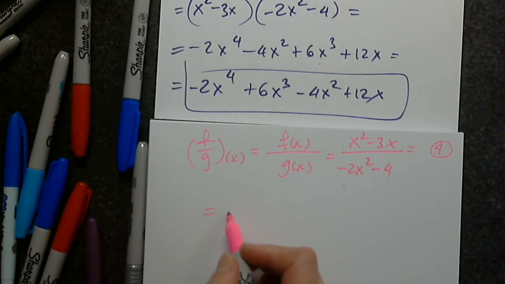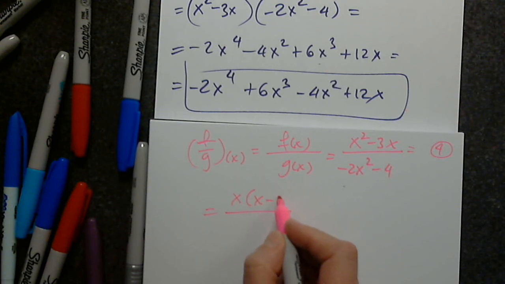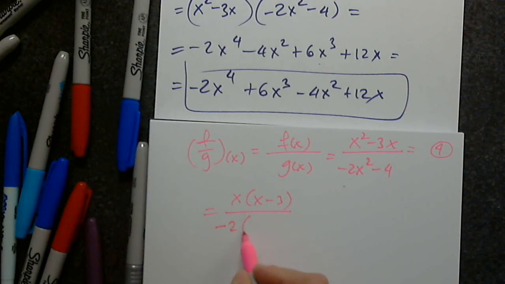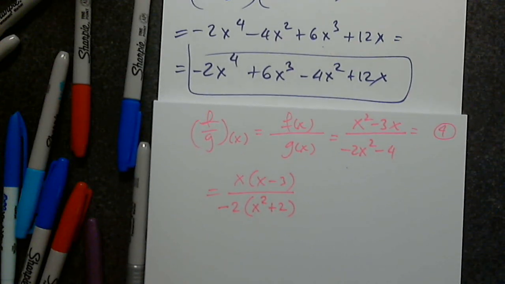I will factor out in the numerator what, and in the denominator what. There is nothing I can do. There is no need to write that this is not 0, because it's always anything but 0.